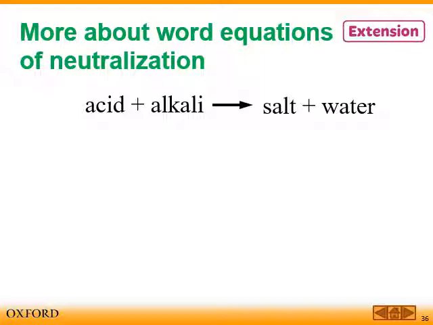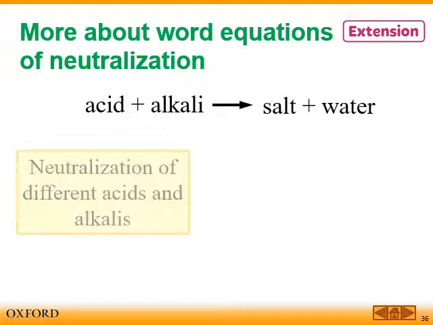These parts won't be examined. Page 30 and page 31 won't be examined. This is very important, right? But it is still quite interesting to look at the word equations because they tell us that if we use different acid and different alkali, they can form different salts.